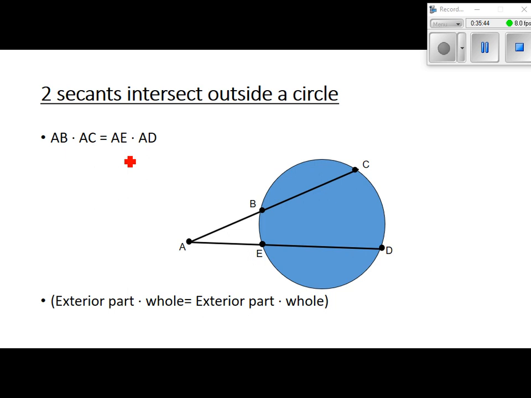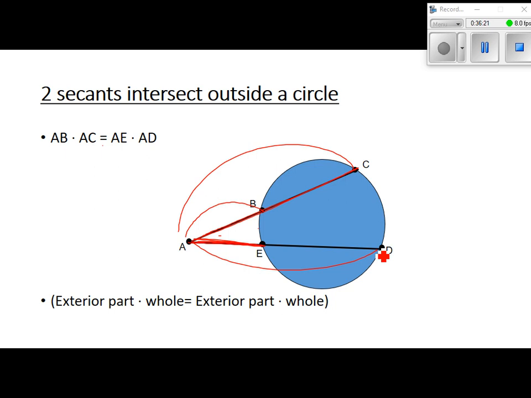Another theorem, two secants intersect outside the circle, so we have a picture that looks like this one. We talked about what the angles and the arcs are, but now we're dealing with the segments. All it is is this part, segment AB of the top secant, of this first secant, times the entire thing. Then for the other, it's equal to the outside part of the second secant times the entire thing.